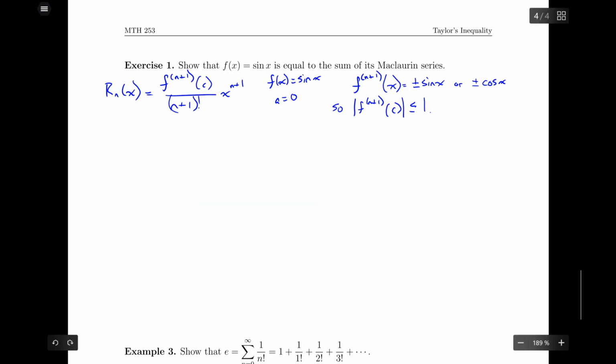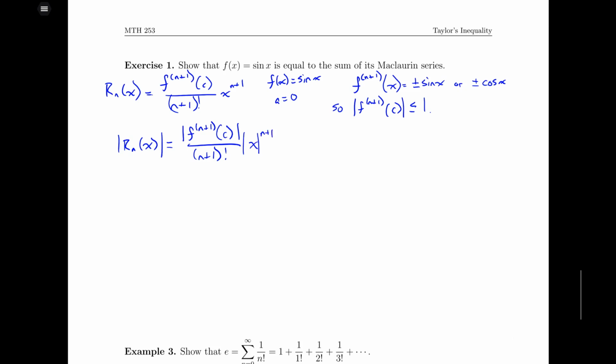We are trying to find some sort of a relationship between the remainder and the Lagrange form of the remainder. Now, the remainder is the absolute value of the n plus first derivative at c over n plus 1 factorial times x to the n plus 1.